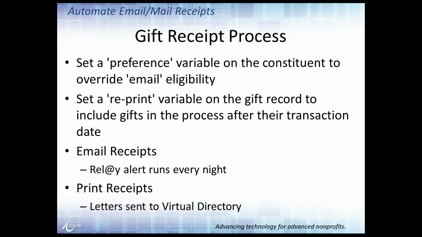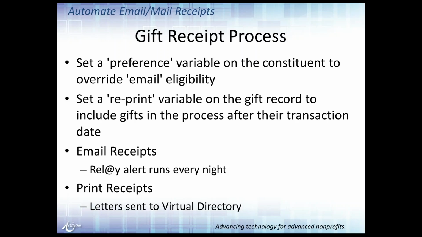We have another process that's going to kick off and produce a printed letter for the receipt. And we wanted to build into that process the ability for you to go on to an individual's gift and identify that you wanted that to be included in the process again, in a reprint scenario.